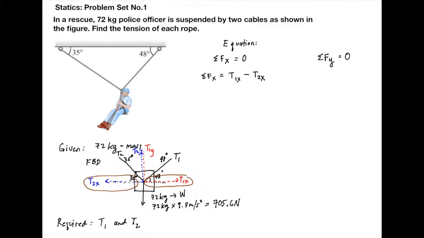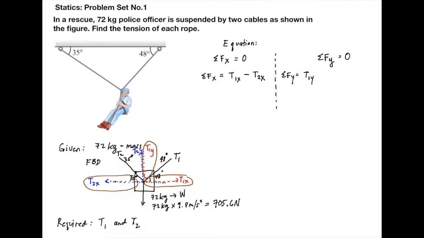Now, how about for the summation of all the y component? For the summation of the y component, we have to take note that the summation of Fy equals, so what are these? First, we have the T1y, so we can write it positive T1y.